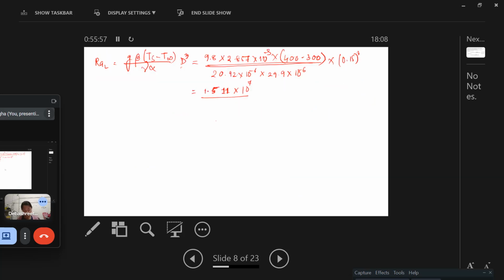So Nusselt number is equal to 0.6 plus 0.387 into Rayleigh number to the power 1 by 6, that means 1.511 into 10 to the power 7 to the power 1 by 6, divided by 1 plus (0.559 over Prandtl number, which was given as 0.7) to the power 9 by 16, again to the power 8 by 27, whole to the power 2.